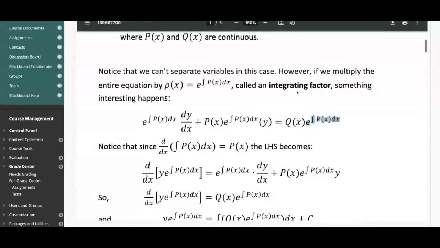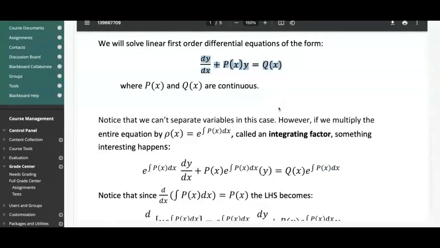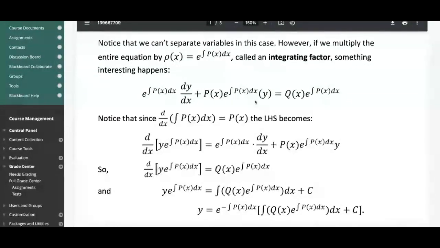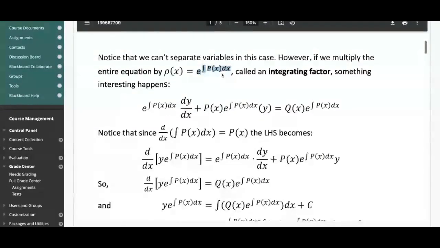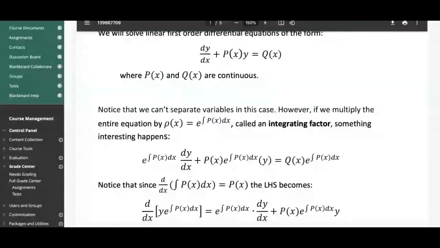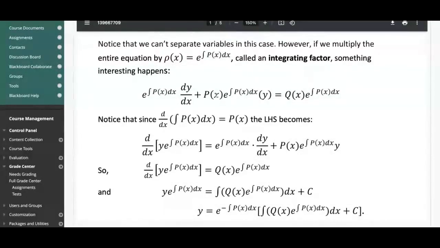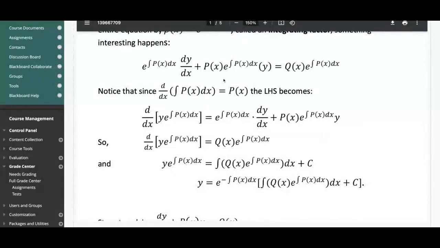So every term, three terms, we want to multiply by such an integrating factor. Okay, so integrate p of x. Which one is p of x? The one multiplied by y. Because this one will change, right? So we multiply by that.